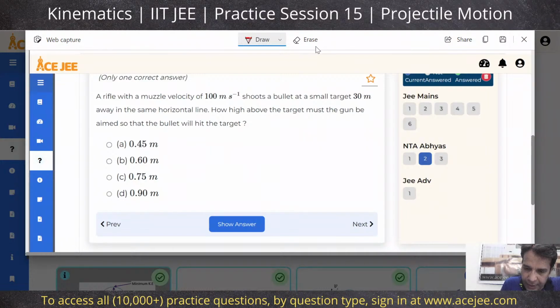What they're saying is that if you have this as your target, you want to point your gun, they're asking how high above. This is given to be 30 meters.